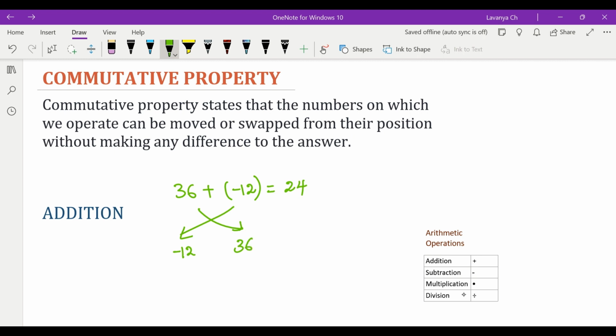So we are just swapping the position of both the integers and performing the same arithmetic operation again. Even in this case we'll have 24. Here we can observe that swapping the position of the integers didn't change the result. So both are the same, which means addition of integers is commutative.